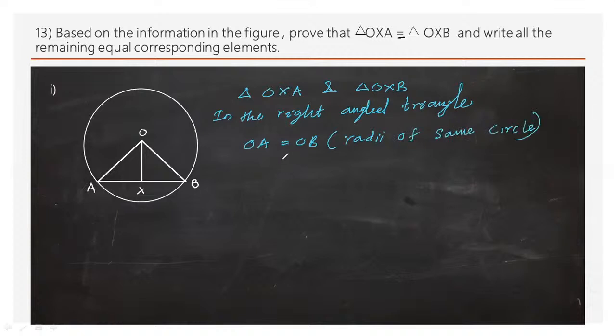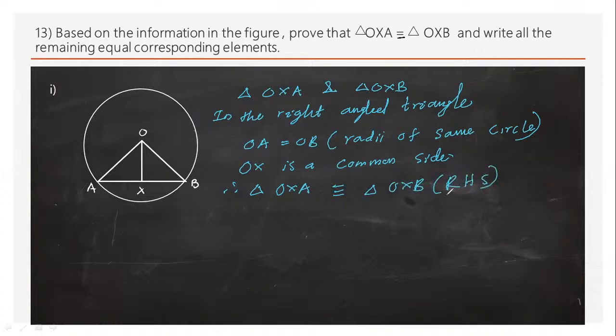Then other is OX is a common side. This is a right angle triangle. When right angle triangles are there, if the two sides are equal, what can you say? RHS situation, right? So we can say these two triangles OXA congruent to triangle OXB, situation RHS. Corresponding elements of congruent triangles.